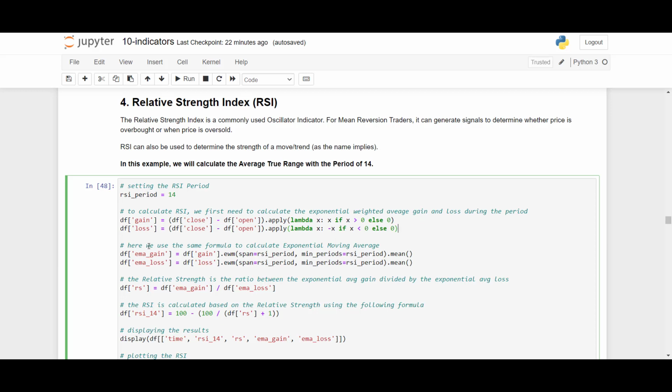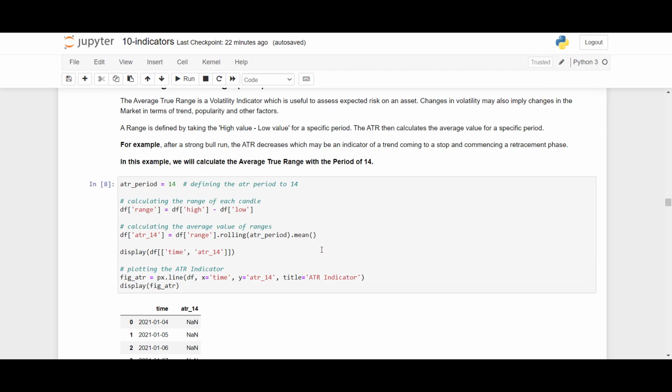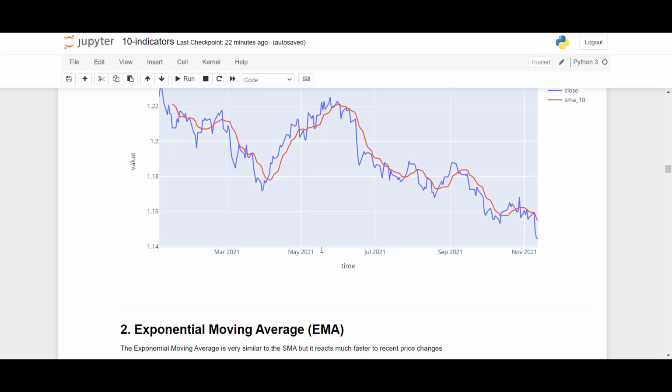By taking the exponential weighted average of gain and loss, which is EMA gain and EMA loss, we can calculate RSI. So let's take the gain and calculate the EMA of this, using the same logic as calculating the EMA in example 2.